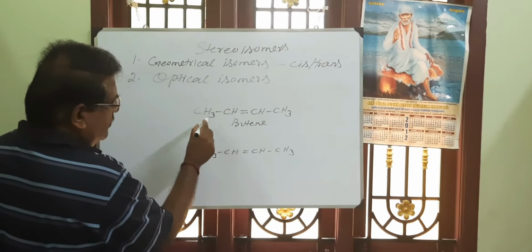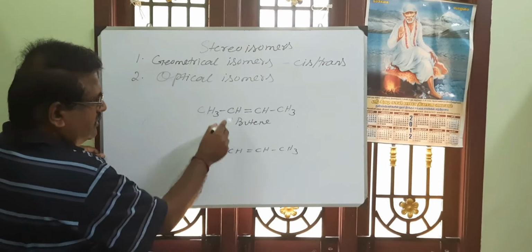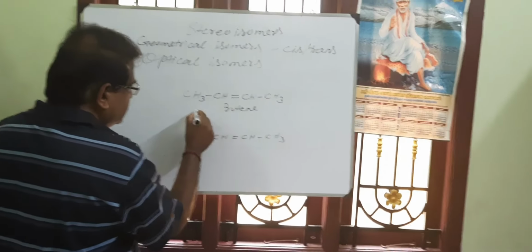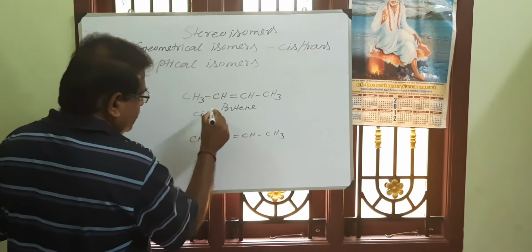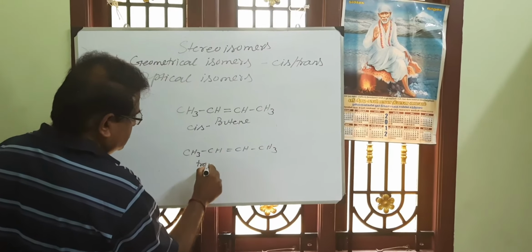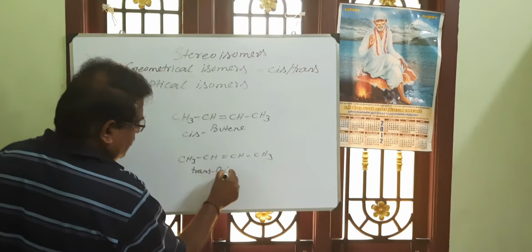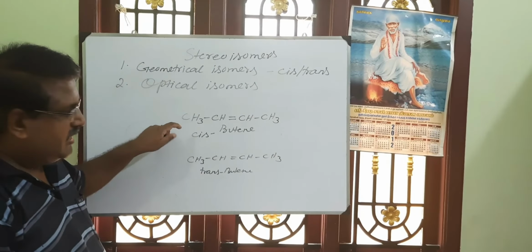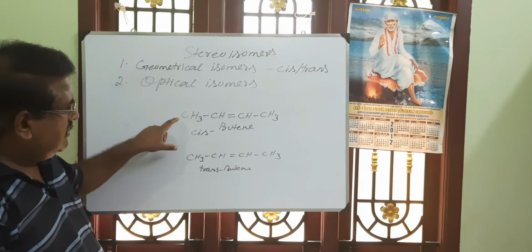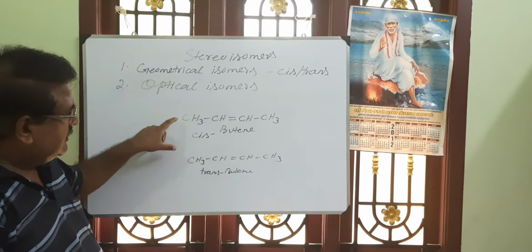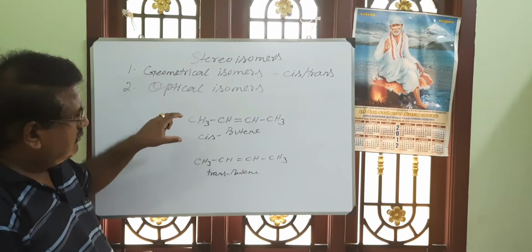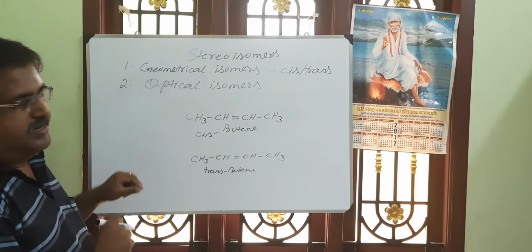Are these 2 the same molecule? Actually not. This is cis-butene. This is trans-butene. As I told you, the 2 molecules have the same molecular formula but differ in structure. The difference in the structure can be viewed only from a 3-dimensional standpoint.